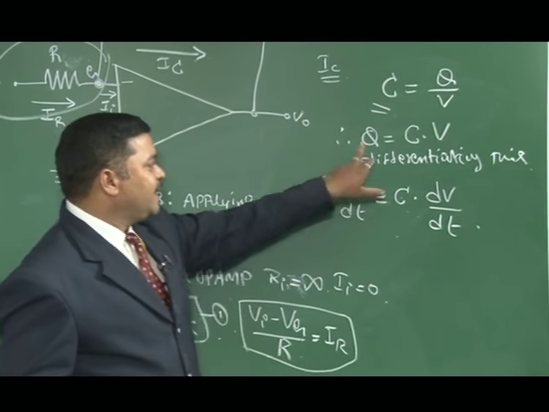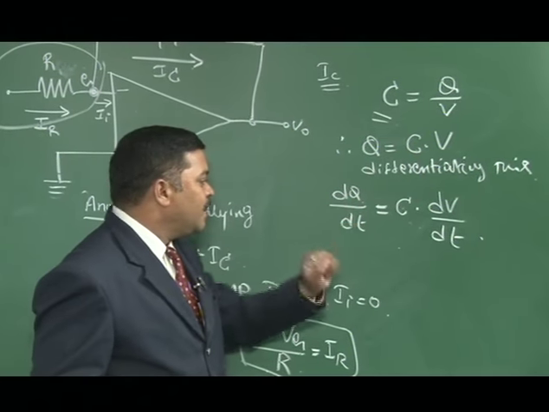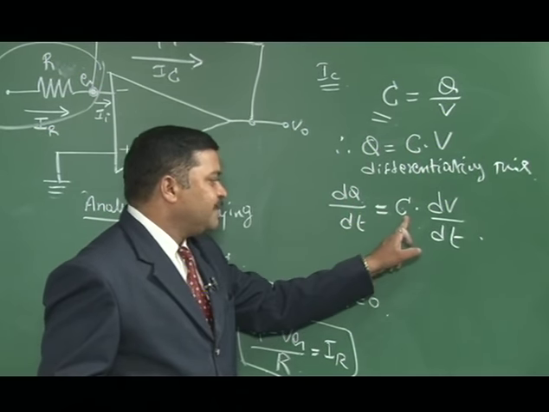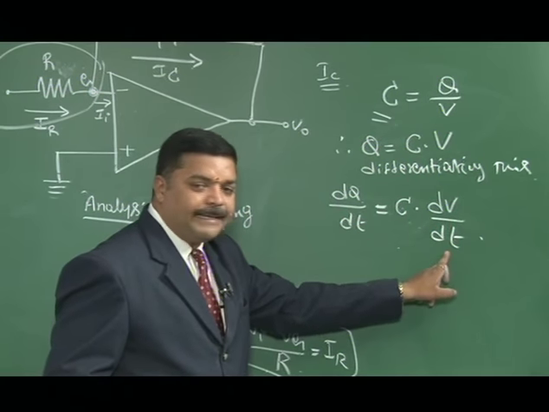So dq by dt is equal to C into dV by dt.